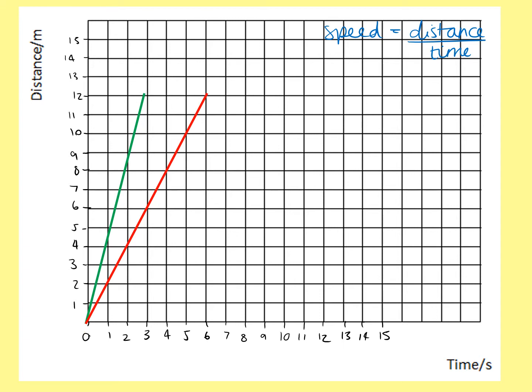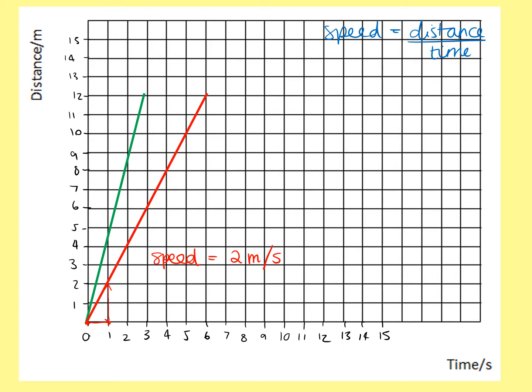So if we look at just 1 second, from 0 to 1 second, and then look at the line up here, we can see that in 1 second this object has moved 2 meters. This means that the speed is 2 meters per second. It moves 2 meters every second.